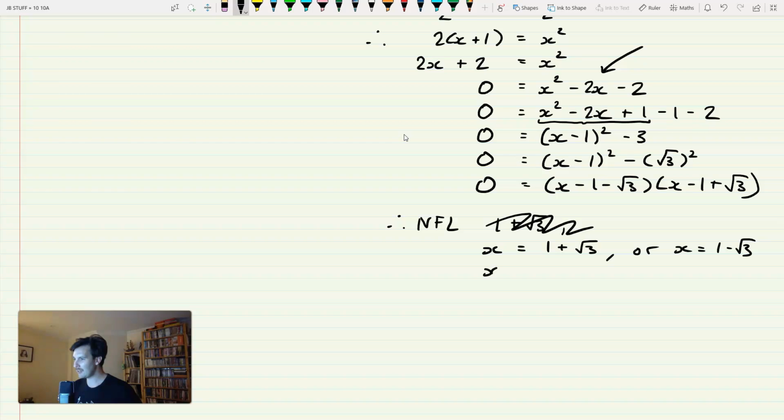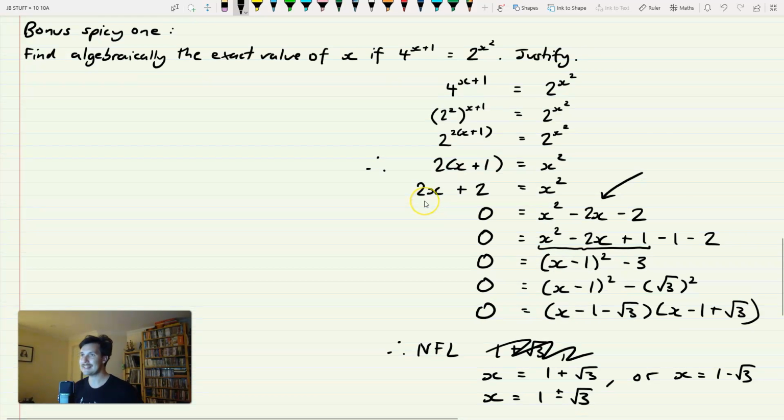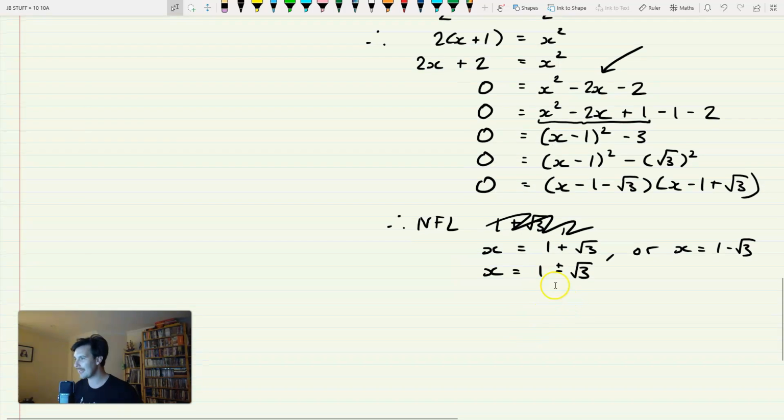You'll often see that written as x equals 1 plus or minus square root of 3 like this. Remember, our question was asking for an exact value of x, so it's not weird that our answer looks a little bit strange. If we're finding exact values, that's the sort of thing that comes out there.